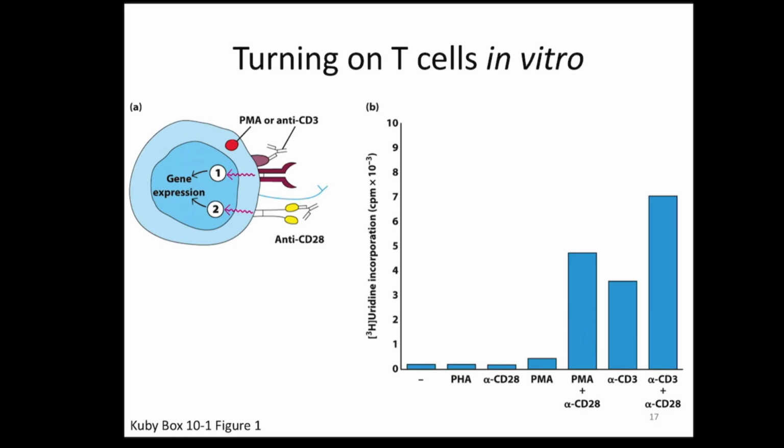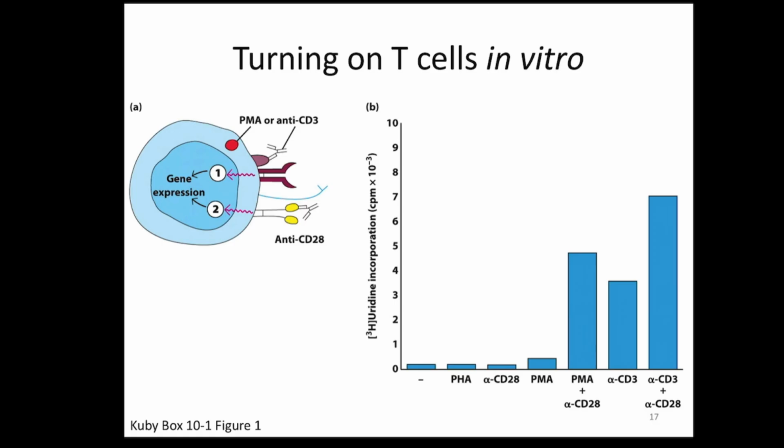I will note there are different antibodies against CD3, different antibodies against CD28, different antibodies against all the things. These are what are known as activating antibodies. There are also antibodies that exist that block. So you could have a different CD3 antibody that blocked and made it so that no one else could interact with CD3, and so you never got a CD3 signal. You can also have a CD28 blocking antibody that blocks CD28, and so you could never get a signal 2 through it. This is an activating CD28 antibody.